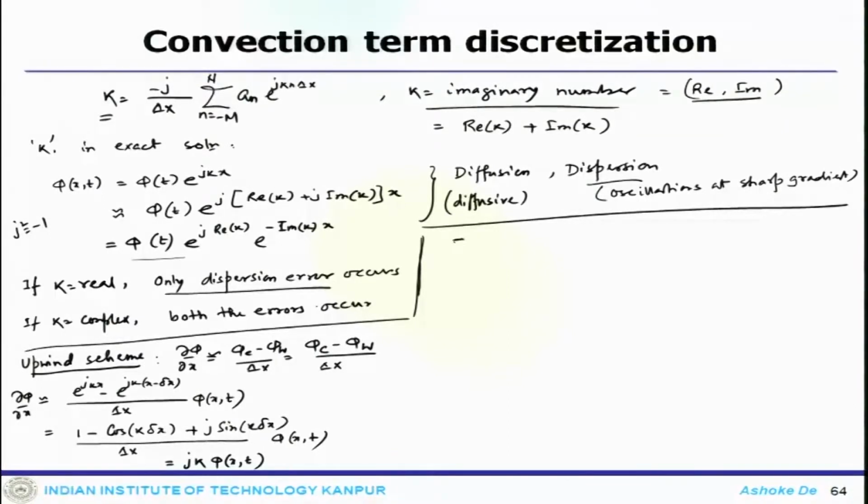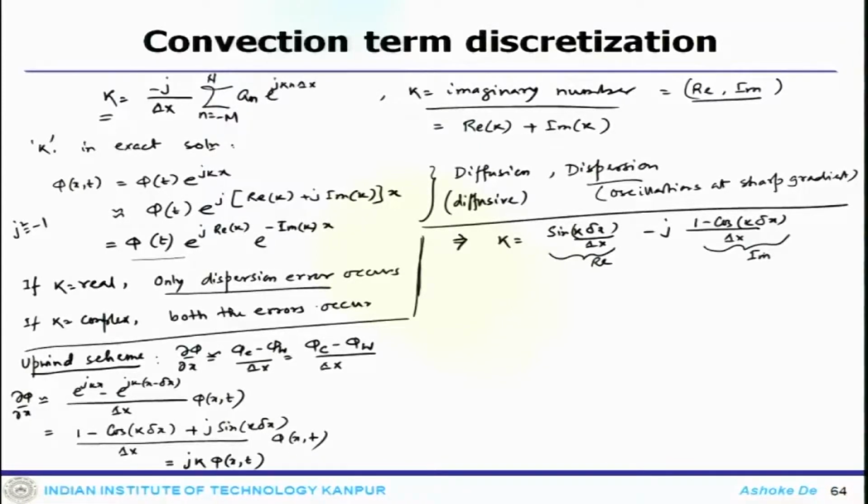From here one can think about k as sin(k delta x) divided by delta x, minus j times (1 minus cos(k delta x)) divided by delta x. So, it is clear that in the upwind scheme this is your real part, this is your imaginary part.